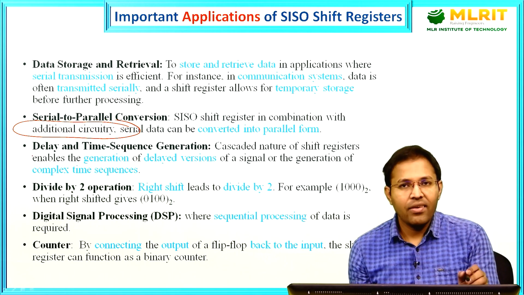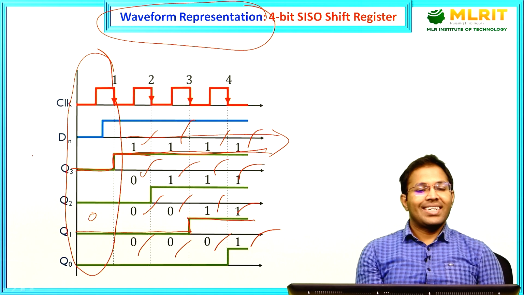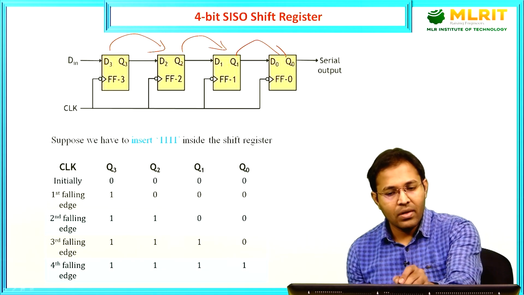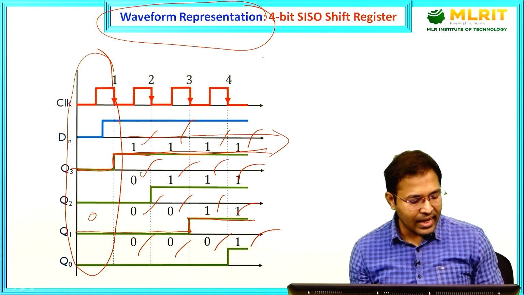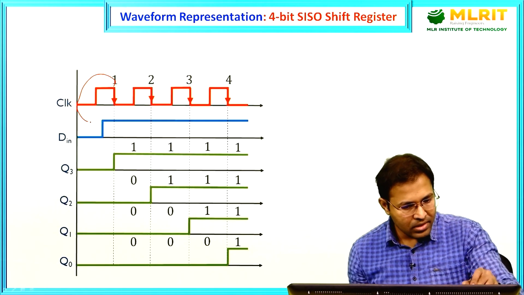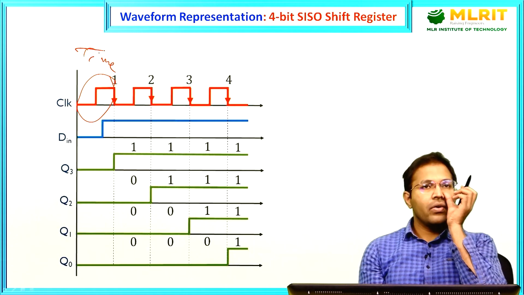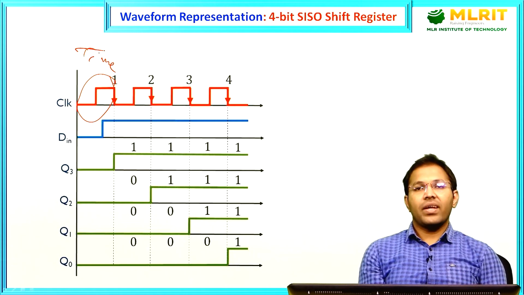Next, now if you see in a shift register, the data is entering serially and according to the timing diagram, there is a clock pulse, there is a time duration that is involved. Now in electronic circuits, timing is very important.